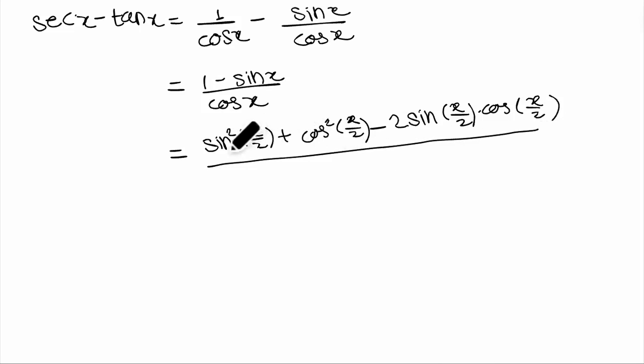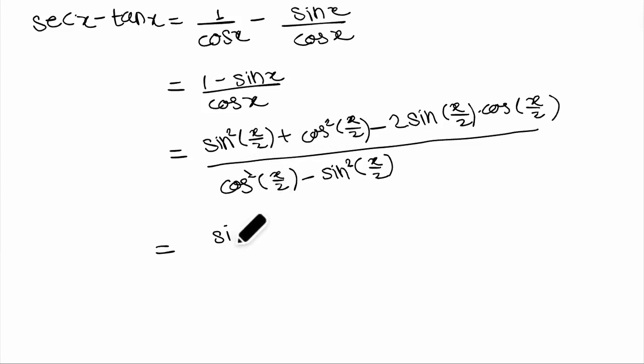Then in the denominator, cos x can be written using the formula cos square of x by 2 minus sin square of x by 2, because cos 2x is nothing but cos square x minus sin square x. Simplifying, the whole numerator can be written as (sin x by 2 minus cos x by 2) whole square.